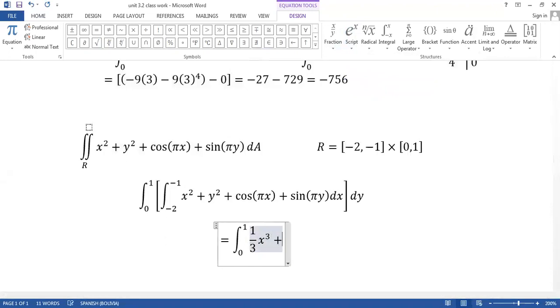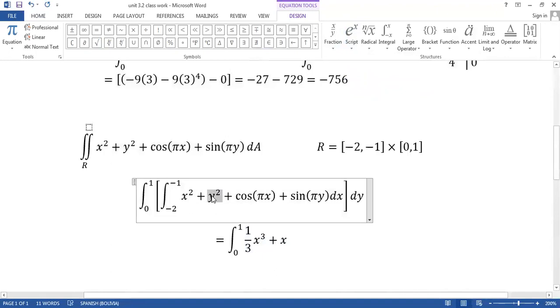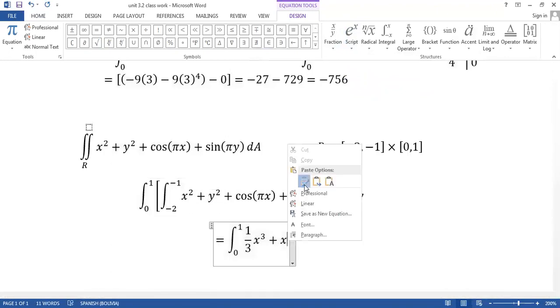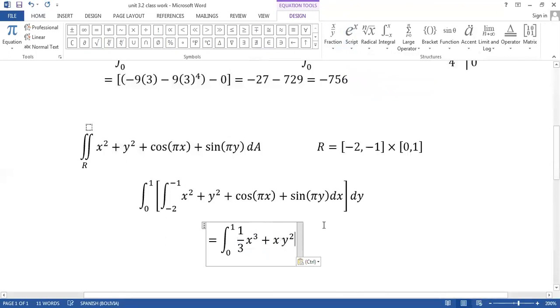The next term, plus y squared. Think again. Because it's a 1 that would be in front of it. There you go. All right.